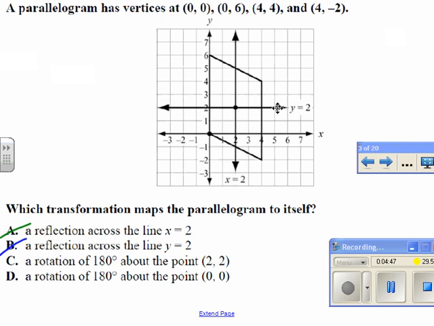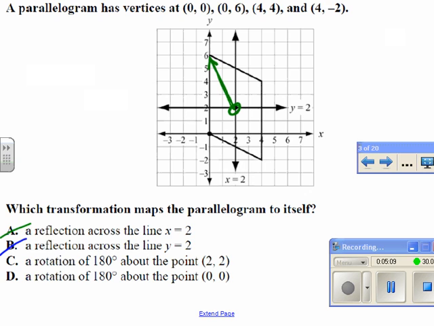What you've got to imagine is, from that point, think of it like a clock. You know that, for instance, 3 o'clock is across the clock from 9 o'clock. 180 degrees is directly across the clock from each other. And that's the center of the clock, whatever the point of rotation is.